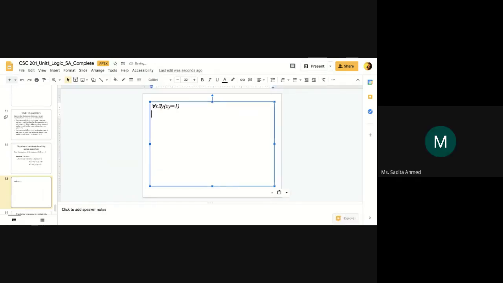Okay. So this was the expression, right? Yes, ma'am. So let's say the domain depends on the domain, right? So let's say the domain is all positive real numbers. If the domain is all positive real numbers, in that case, what does this statement mean?